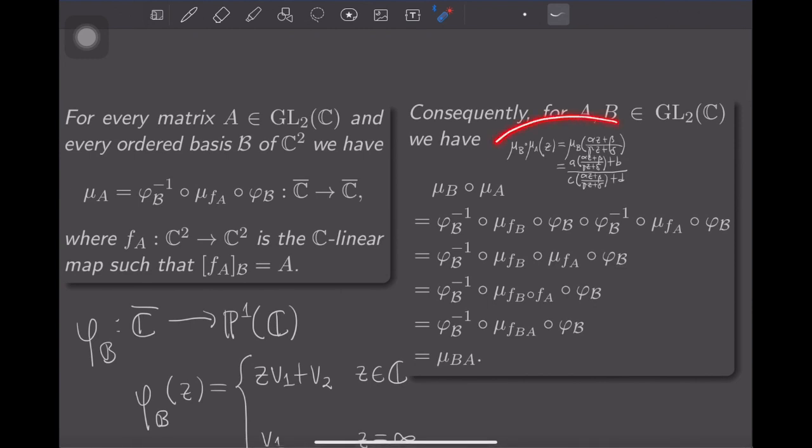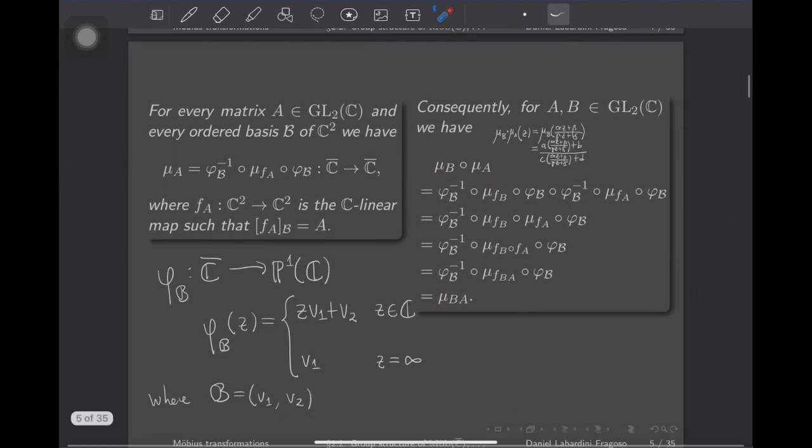I could avoid all these computations and just say, okay, mu of the product of the matrices is precisely the composition of mu of the matrices.